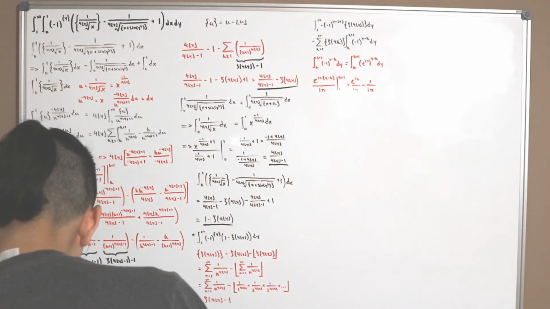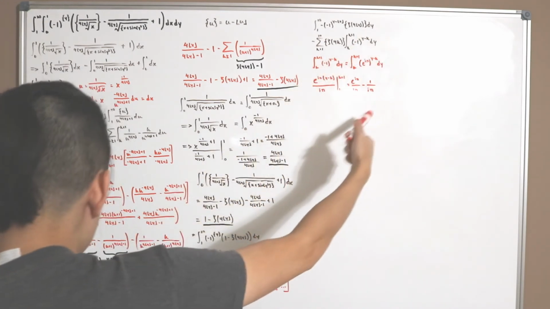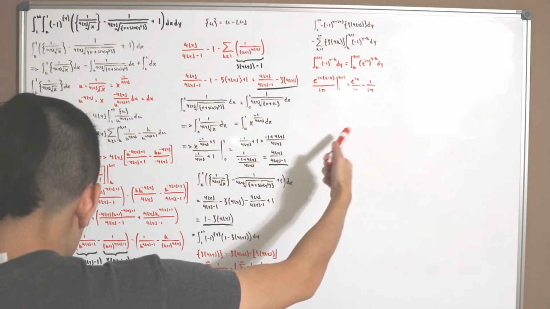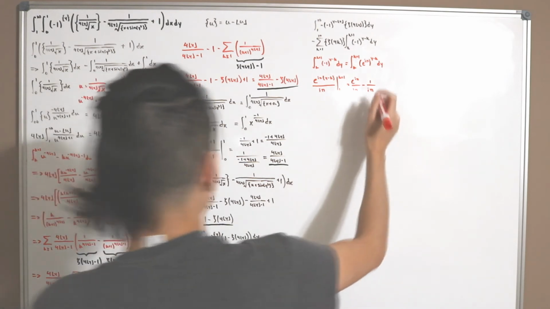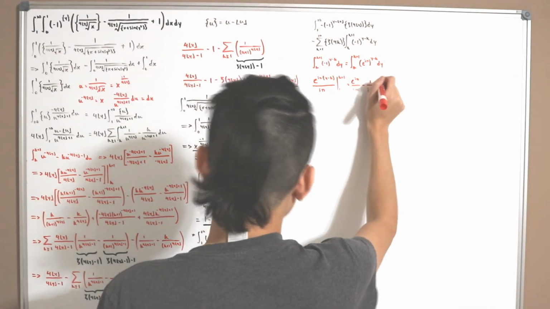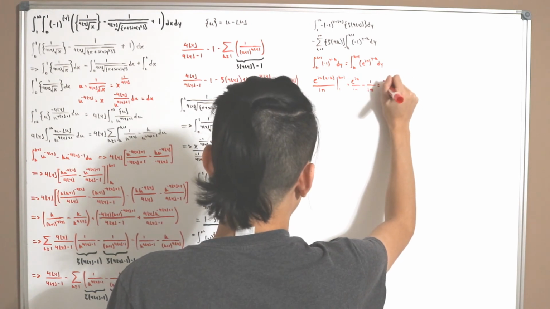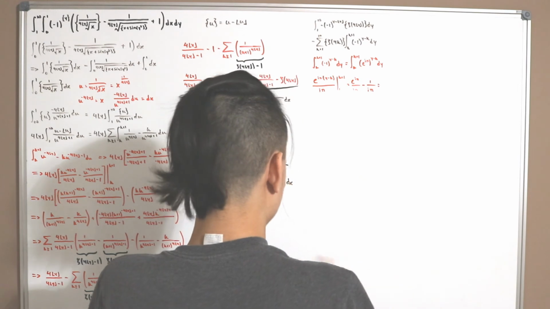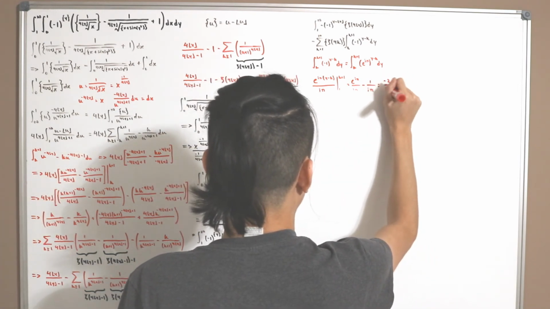But e to the i pi is -1, so I get -1 minus 1, which is equal to -2 divided by i pi. Hold on, let me rewrite that. This is just -2 over i pi.